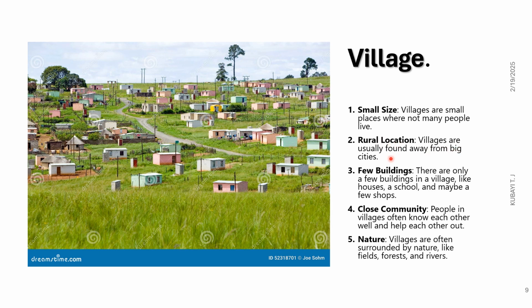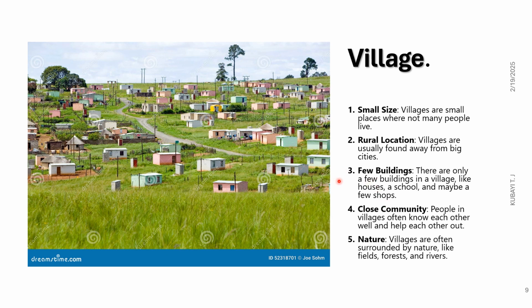Villages are usually found away from big cities, just like the farm. Hence, the village and the farm are regarded as the rural settlement. Few buildings in a village. There are only a few buildings in a village, like houses, a school, and maybe a few shops.